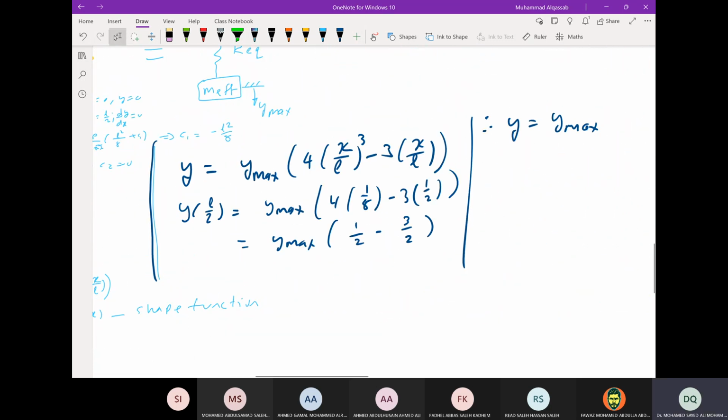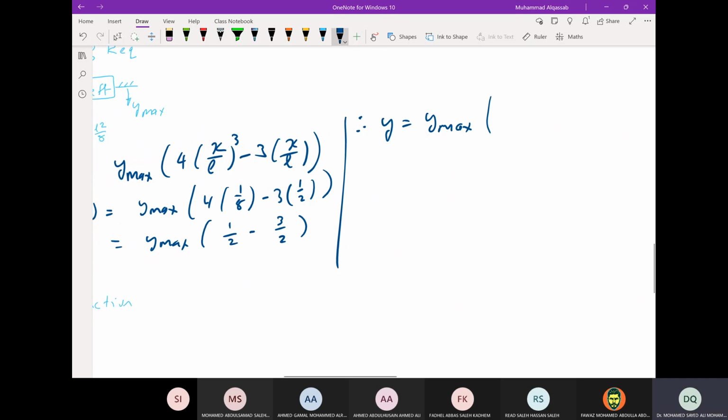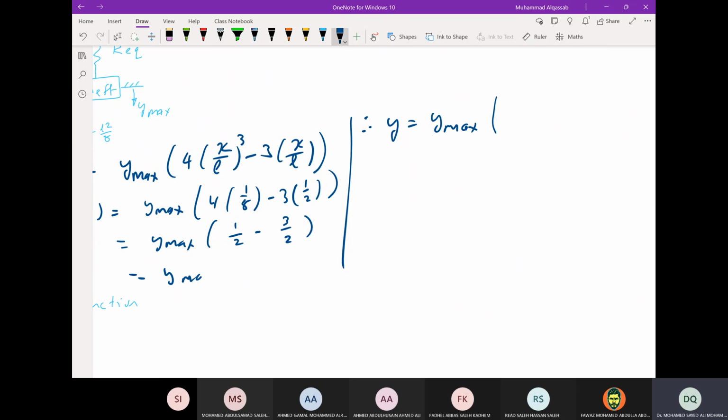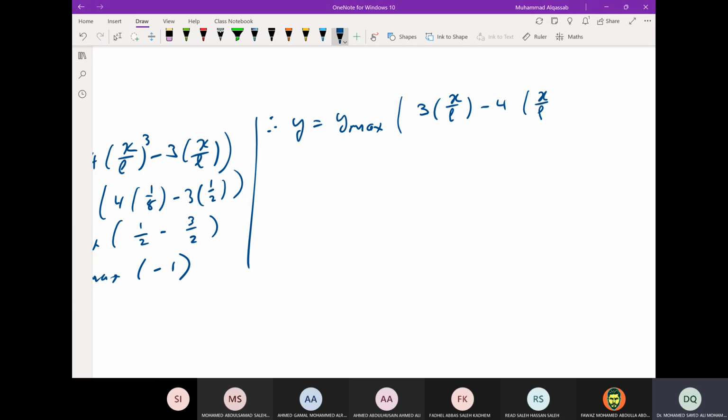Okay, so that is y equal to y maximum, and this will give me y maximum times minus 1. So the factor I want is a minus, which means switching the order of the terms. Okay, so this will be 3 x over L minus 4 x over L to the power 3.